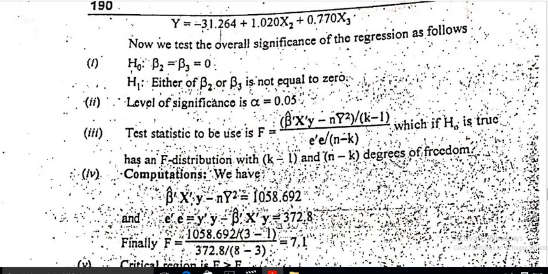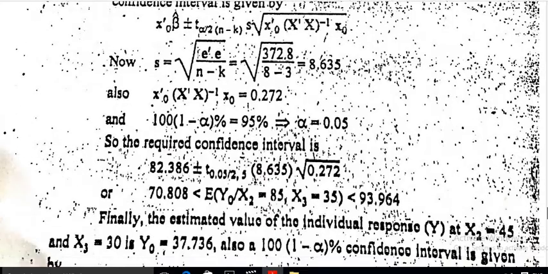Replacing the values of x2 and x3 in this equation, we have 82.386.